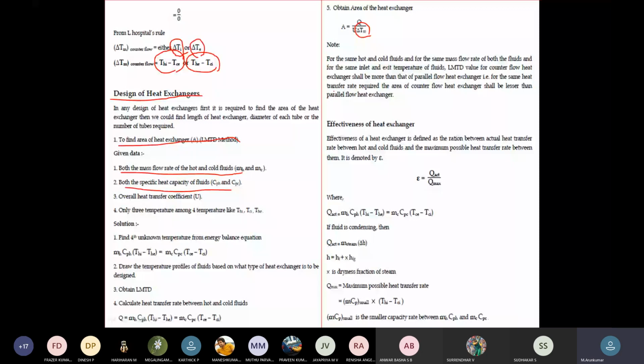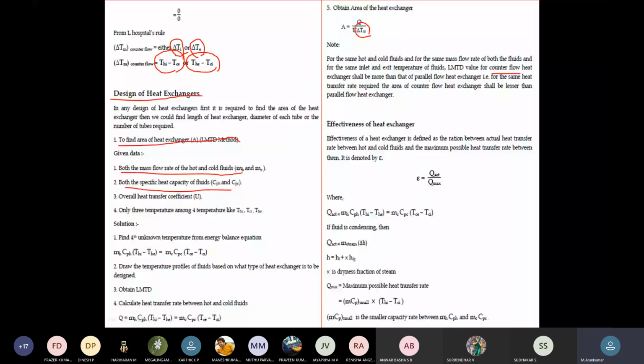So for the same hot and cold fluid, the same mass flow rate of both fluids, and the same inlet and exit temperatures of the fluids, the LMTD value for the counterflow heat exchanger shall be more than for the parallel flow heat exchanger, that you know very well.